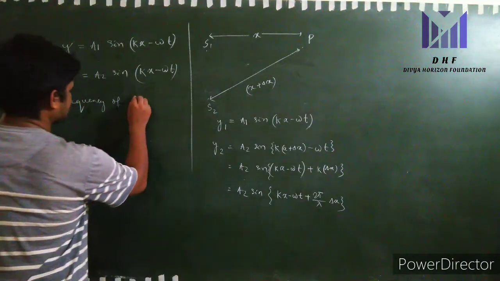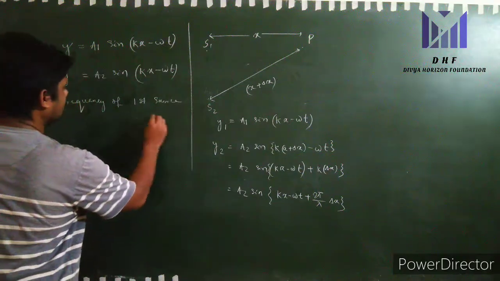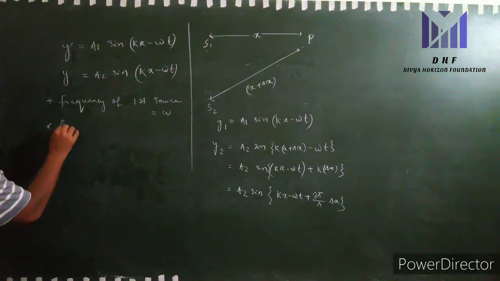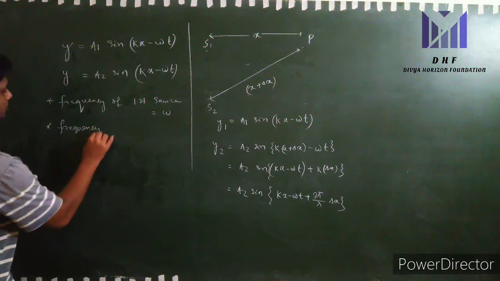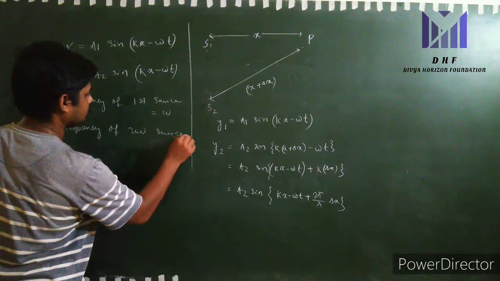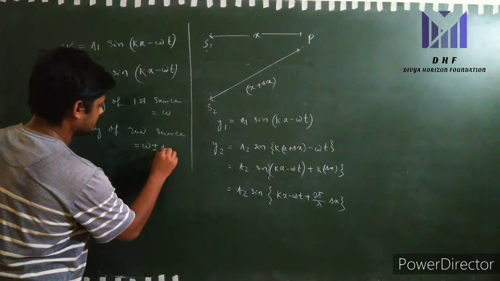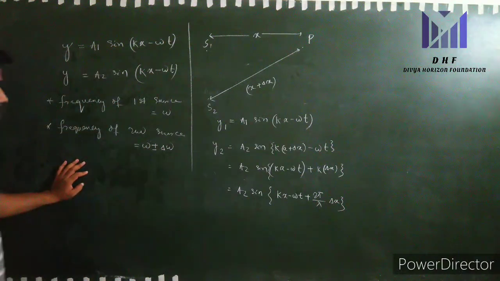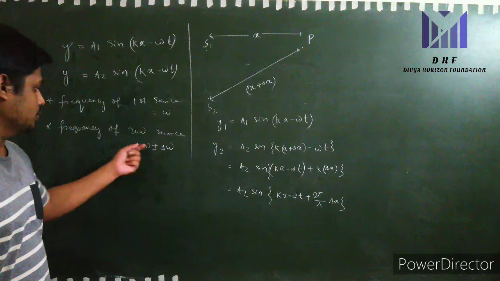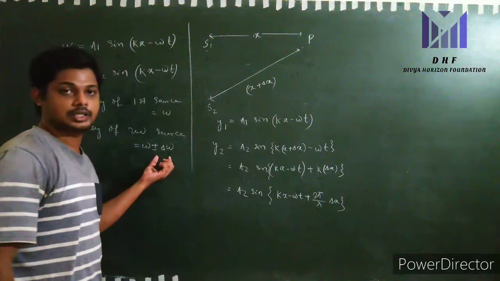So the frequency of the first source is equal to omega, and the frequency of the second source is equal to omega plus or minus del omega, which means the frequency of the second source is not constant, it is varying within a range omega plus del omega to omega minus del omega, and this variation is with respect to time.